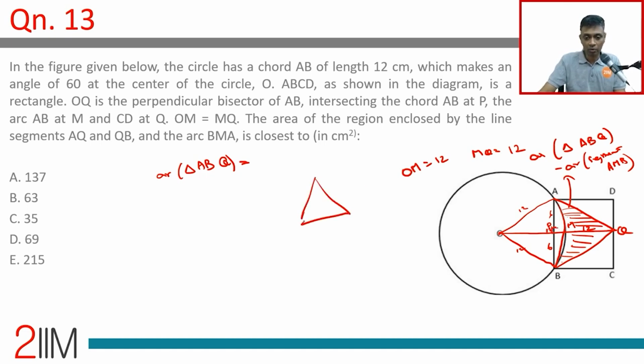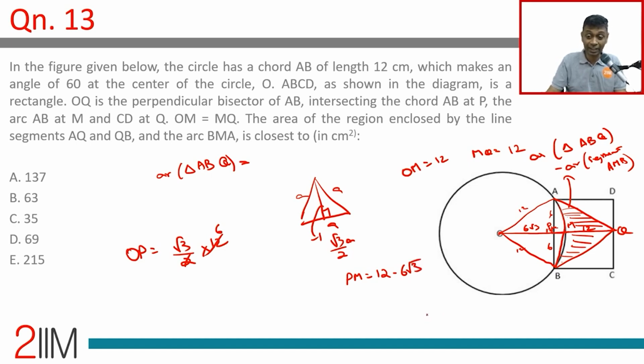For an equilateral triangle of side a, the altitude is root 3 by 2 times a. With side 12, OP is root 3 by 2 into 12, which is 6 root 3. So PM is 12 minus 6 root 3.